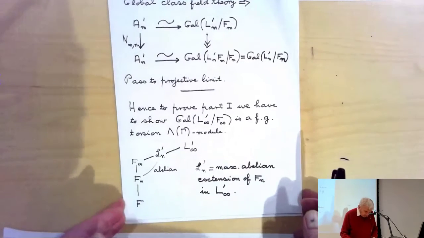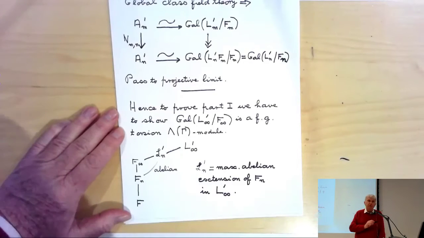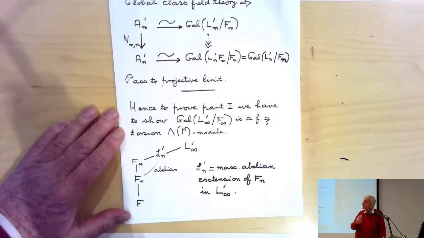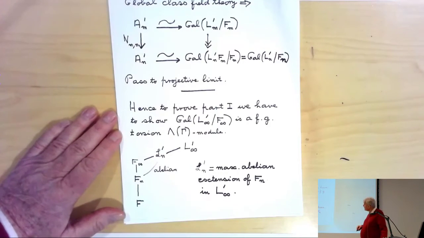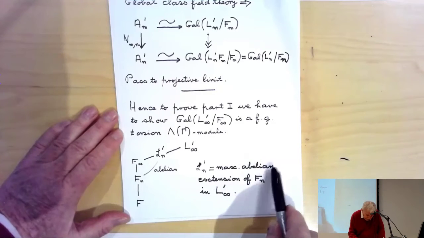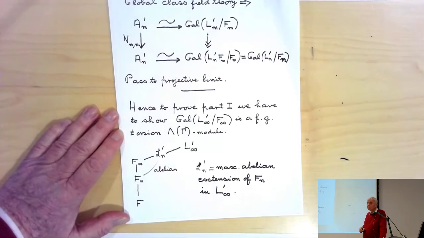And so we now define script L_n prime. So notice here it's a curly L_n prime, it's not the Latin L_n prime. It's by definition the maximal abelian extension of F_n in L infinity prime.